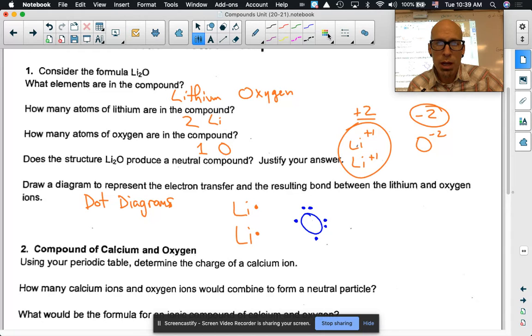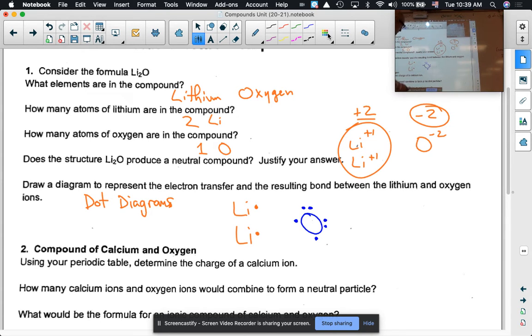I like using multiple colors because I have multiple colors available. If you don't have multiple colors, or like a pencil and a pen, or something that makes them obviously different, then I guess use shapes, squares and circles, or squares and dots, or X's and dots, something that makes sense to you. So this is what's happening.